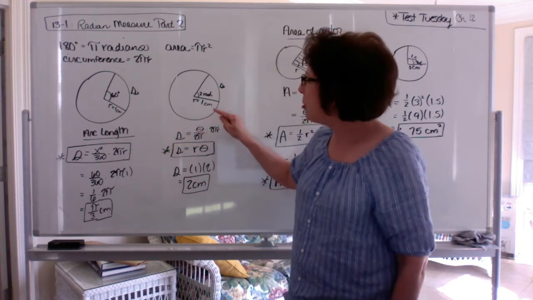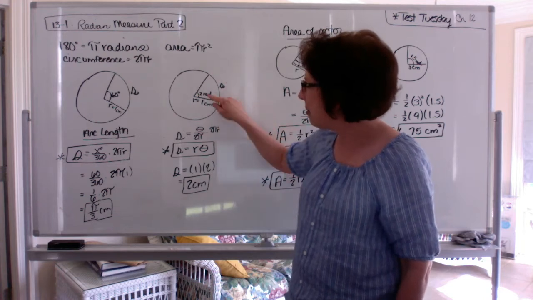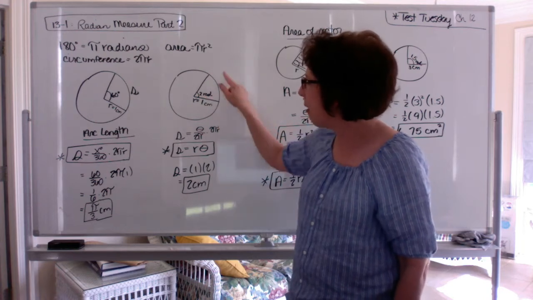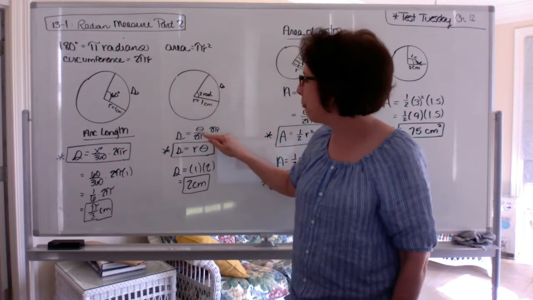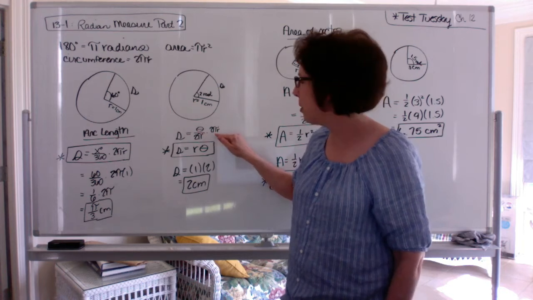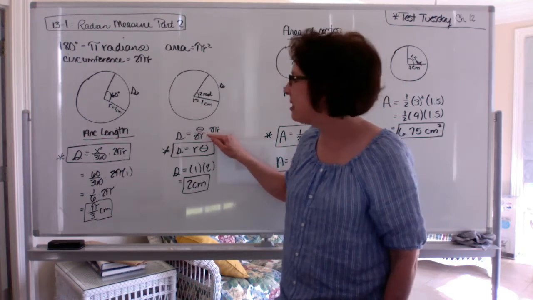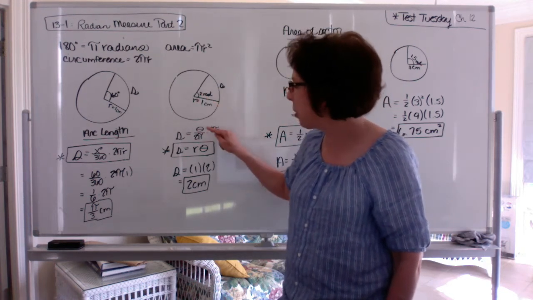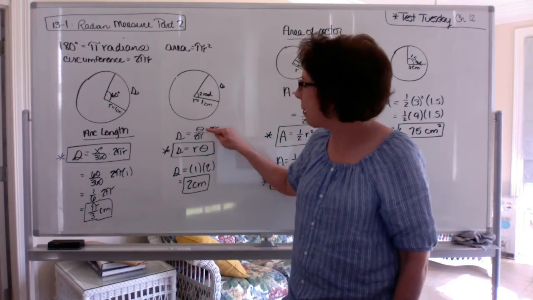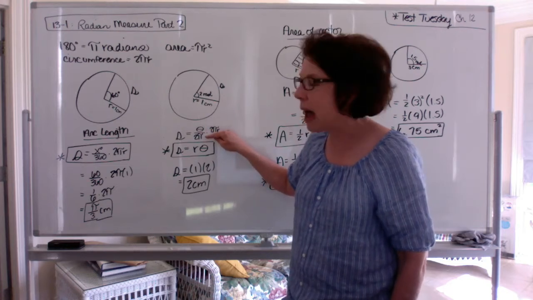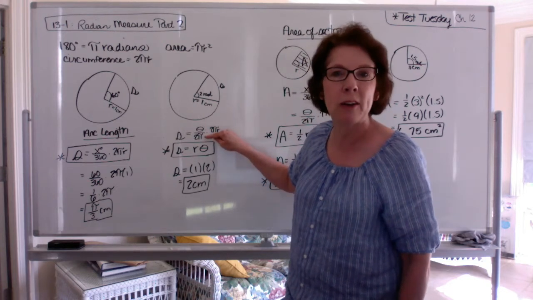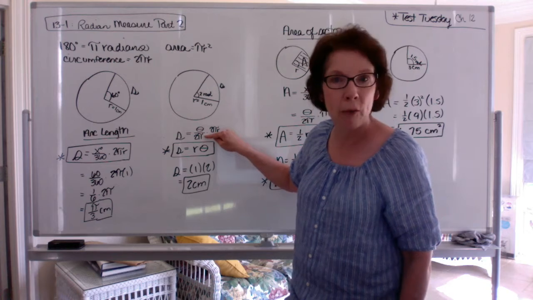So to find the fraction that this arc is of the whole circle, it's going to be the fraction of the circumference. But with radians, instead of degrees, it's in radians. And so I'm going to take my radian measure and divide it by the total radian measure in a complete circle, which is 2 pi radians.